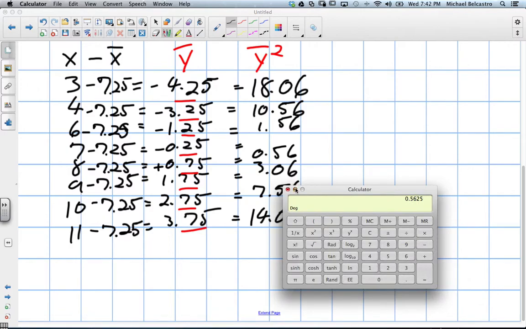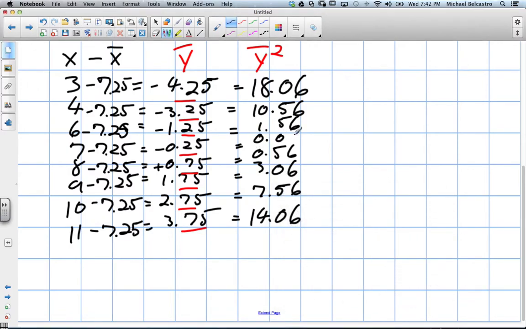0.06. Okay. Now all of these need to be added up together. So in other words, we have to find the sum of what I've labeled as y bar squared. So we add all these values together. Tell me what you get. 3.06?